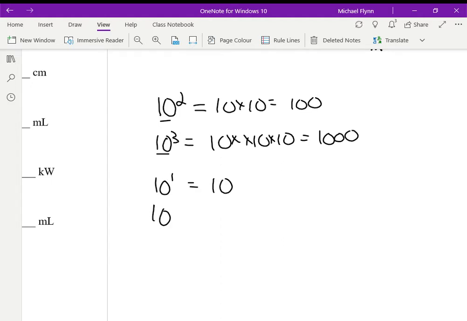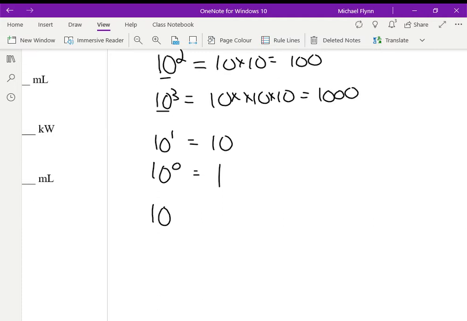What about 10 to the power of 0? This one's kind of confusing. A lot of people will write 0. That's incorrect. What it is, is 1. Any number to the power of 0 is 1, except the number 0. So 0 to the power of 0 is undefined, for reasons I can explain later.